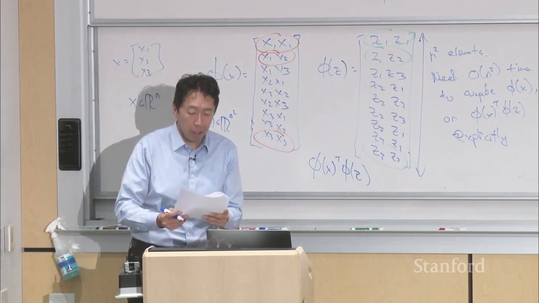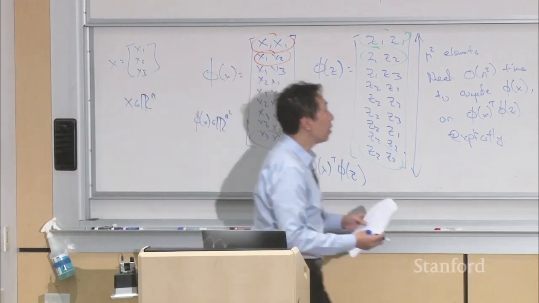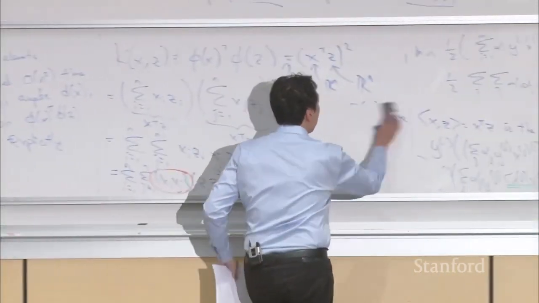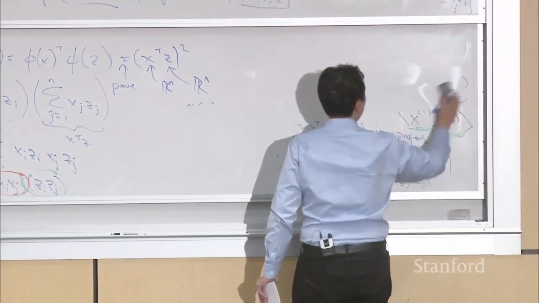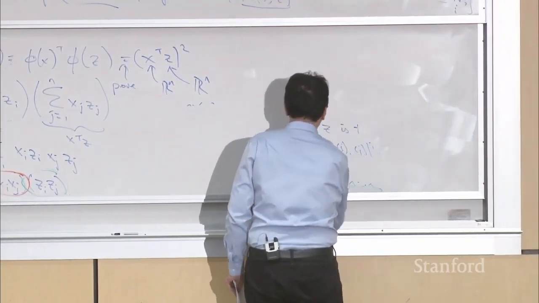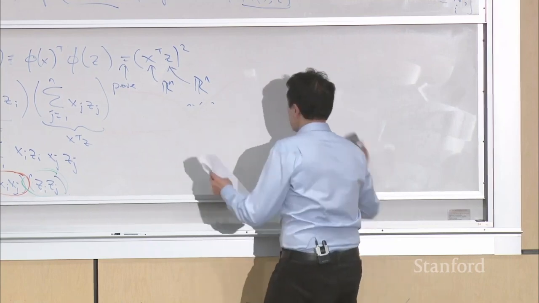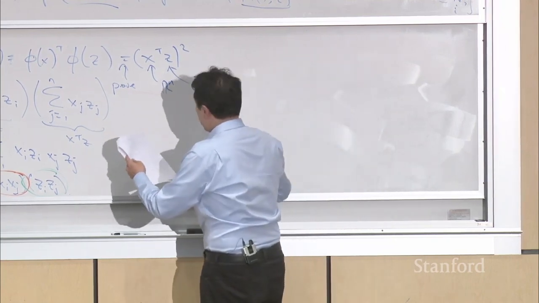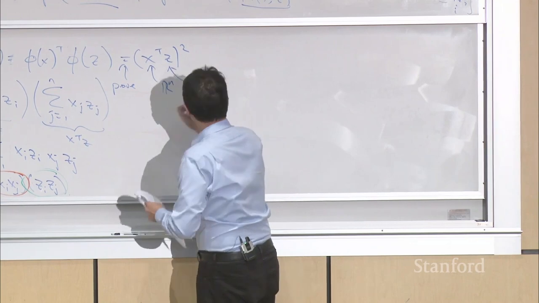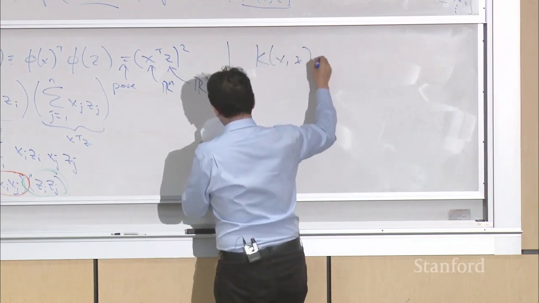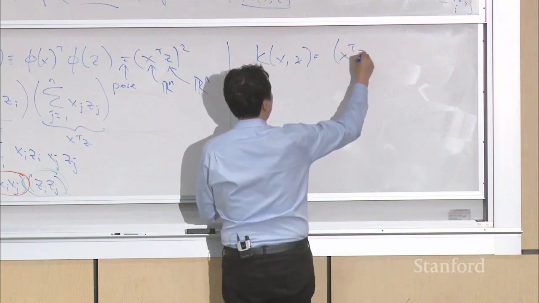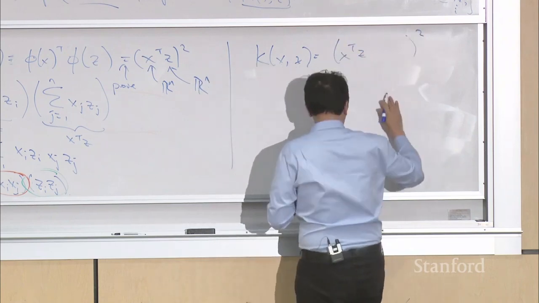Now, a few other examples of kernels. It turns out that if you choose this kernel, so let's see, we had k of x comma z equals x transpose z squared.